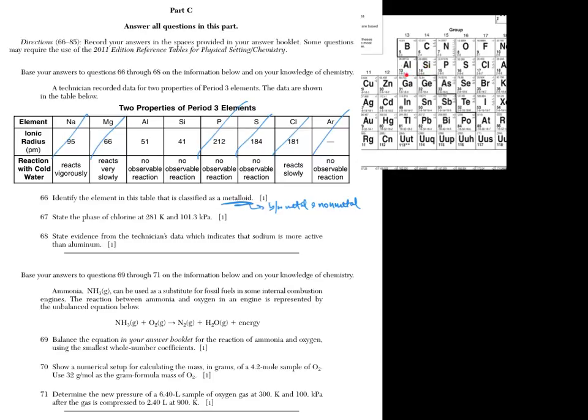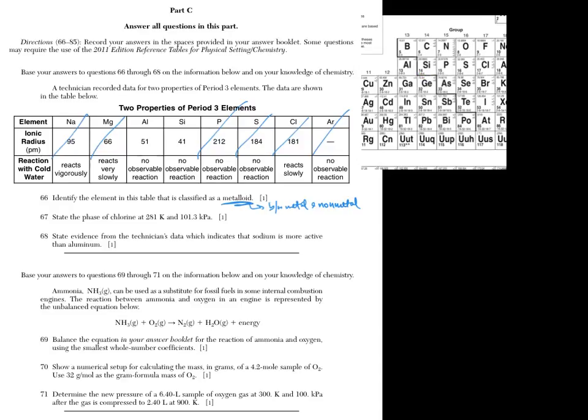That's because aluminum, while it does touch the staircase, has properties that are more like a metal than a non-metal. So it is that sort of gray spectrum, whereas silicon is more in between, like an actual metalloid, whereas aluminum leans more heavily on the metal side. It has very strong metallic properties compared to other metalloids.